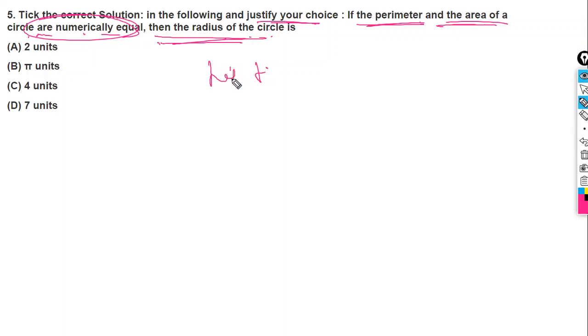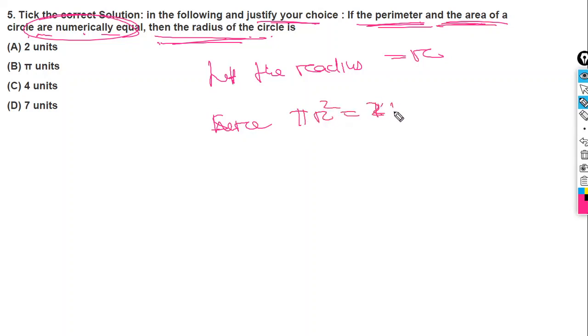We'll write, let the radius equal r. Here you can see perimeter and area are the same, so pi r square is equal to 2 pi r.